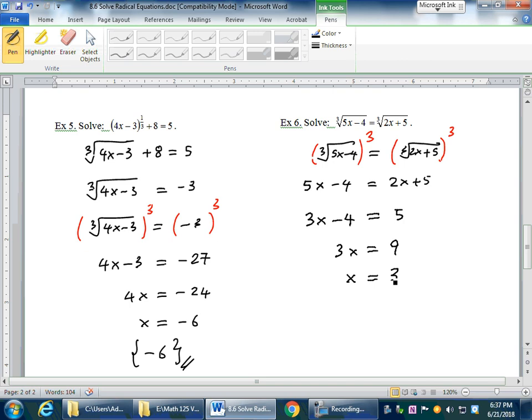When I substitute 3, 3 times 5 is 15. 15 minus 4 is 11. So we have cube root of 11 on the left-hand side. When I plug 3 into the right-hand side, that becomes 3 times 2 is 6, plus 5. That becomes 11, cube root of 11. So therefore, the right-hand side and left-hand side are equal. So 3 is the final answer for this problem.